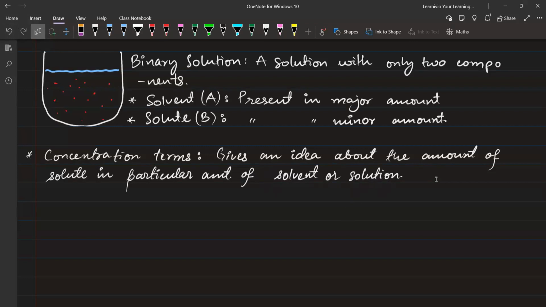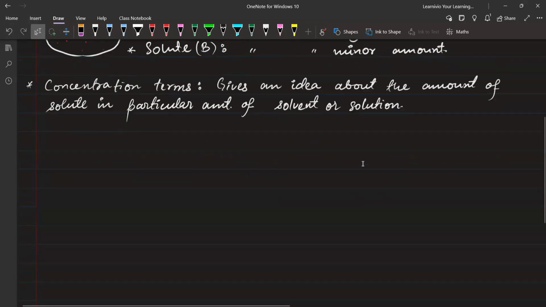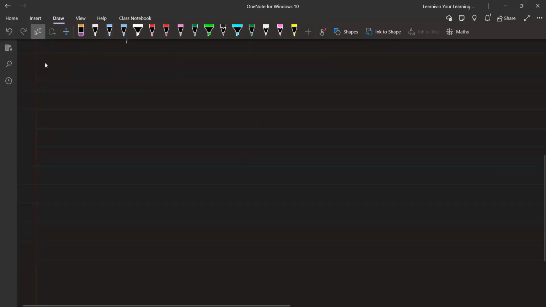Okay. Now, the concentration term that we need to learn is known as mass percentage. We write topic number one, mass percentage. Basically, in mass percentage, I will give you a formula, but that formula is not very much useful. It is useful for very elementary type of questions.